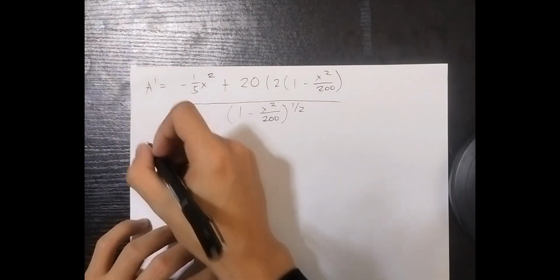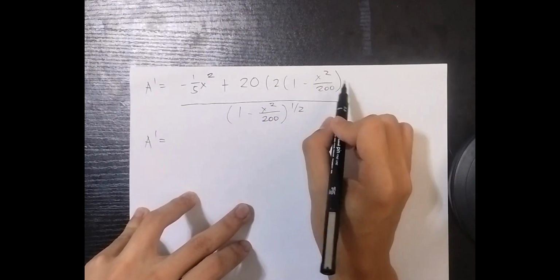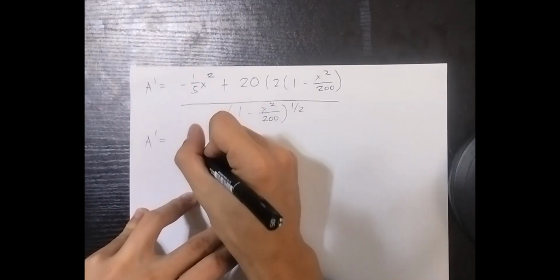We can simplify it. So A prime is equal to negative, we can distribute 20 and multiply by 2 to 1 minus x squared over 200.